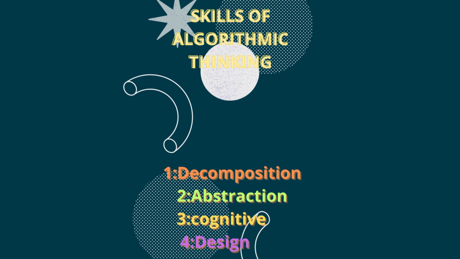So what does this decomposition mean? Decomposition means breaking the problem down into smaller, more manageable parts. That means if we have a problem, we must break it down into small parts to know how to solve this problem. The second skill is abstraction.